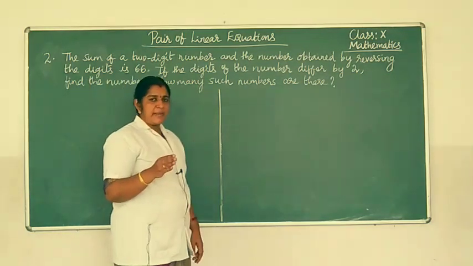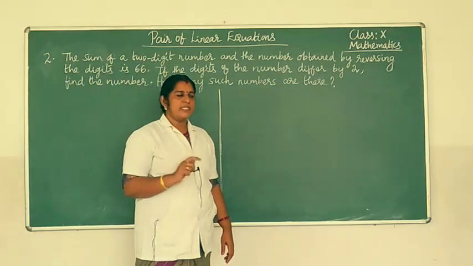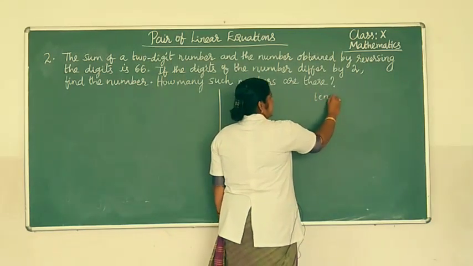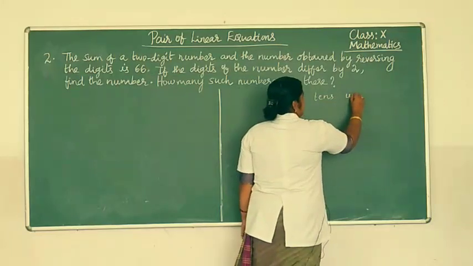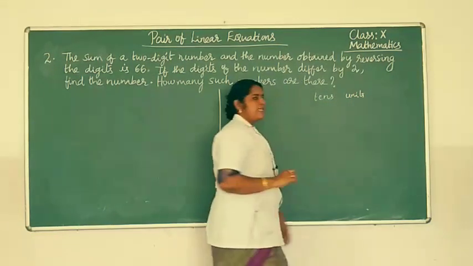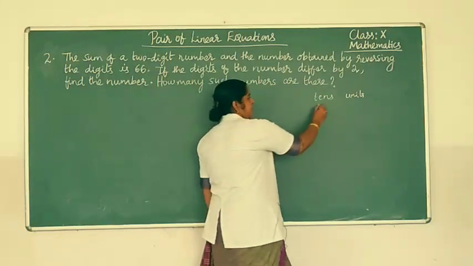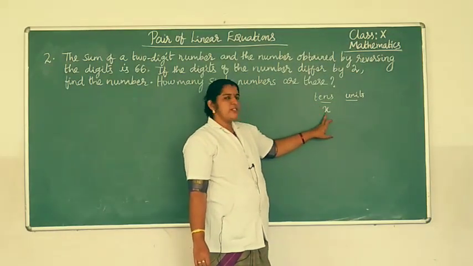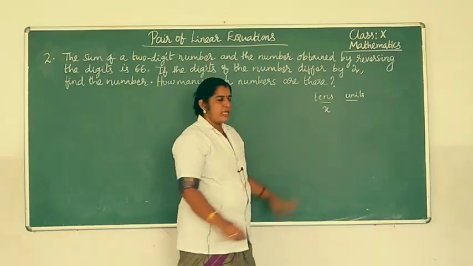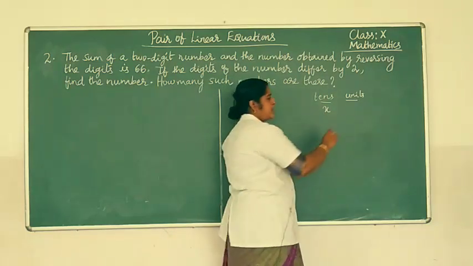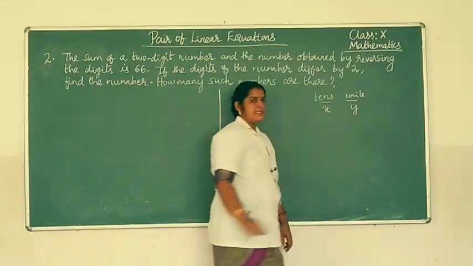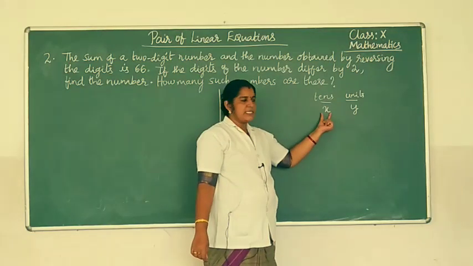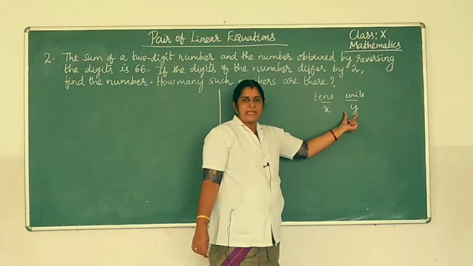One is in the tens place and the other is in the units place. If you consider the digit of the tens place as x, then in the units place we are taking the digit as y. So x is the tens place digit and y is the units place digit.